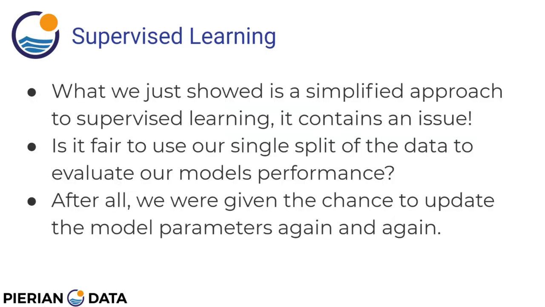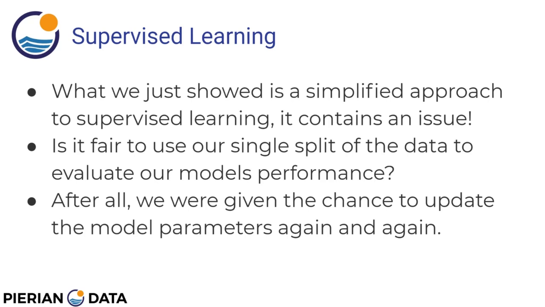Now, something to note here is what we just showed was technically a simplified approach to supervised learning, and it does contain a key issue, which we kind of touched upon during that test train split. And the question arises, is it fair to use that single split of the data into one test set and one training set to actually evaluate your model's performance? So when you actually test your model on the test data, you'll get some sort of performance metric.